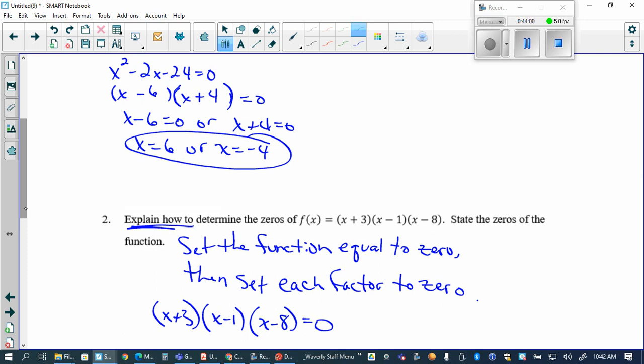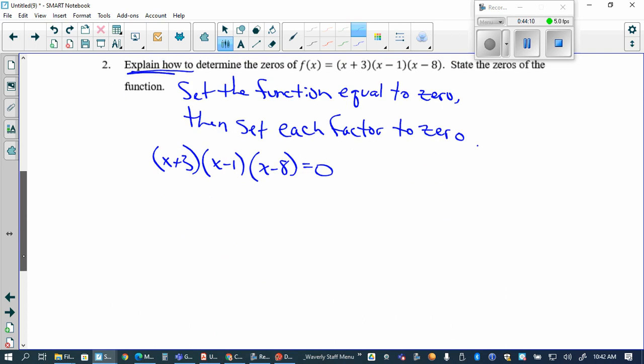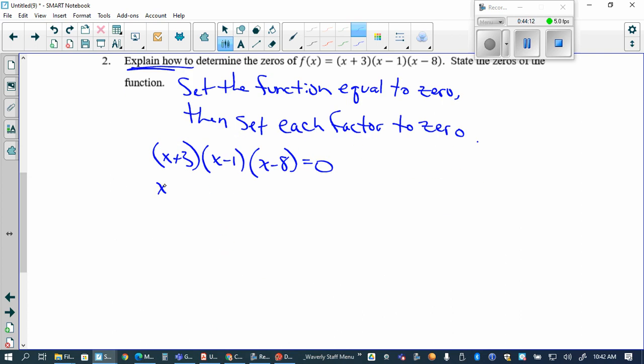What did I do with these two things? You were getting a step ahead. X plus 3 equals 0. Go ahead. Wait, you missed something. Or. X minus 1 equals 0. Or, here we go, x minus 8.